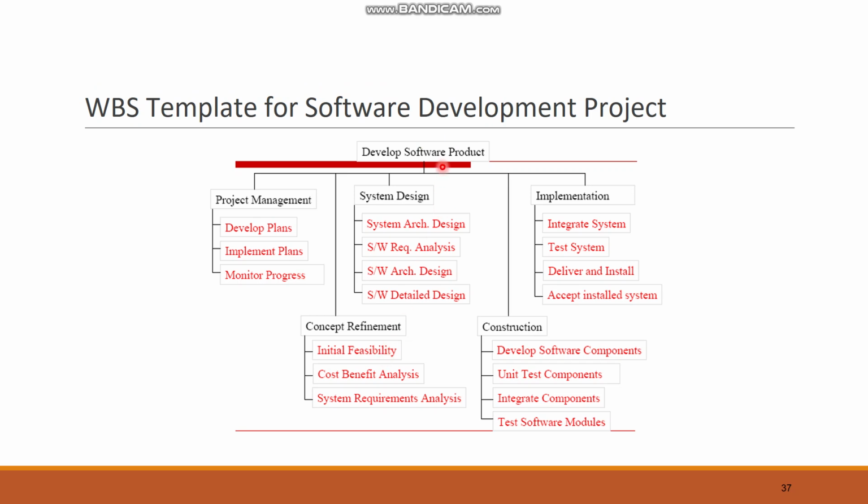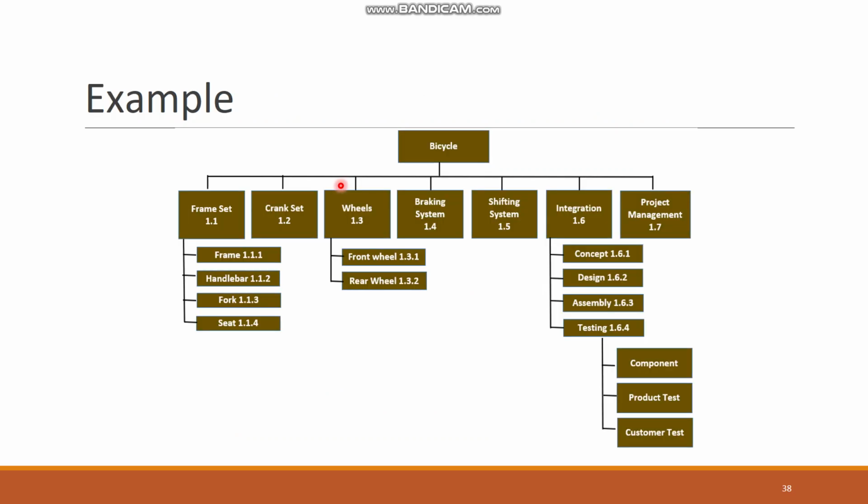For example, if we have a software development project, that can be divided into project management, concept refinement, system design, construction, and implementation. Then project management is divided into develop plans, implement plans, monitor progress. This is a kind of work breakdown structure for a software development project.